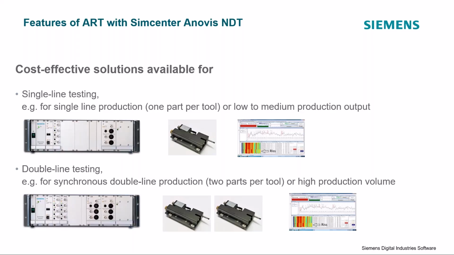So for synchronous double line production, two parts per tool, or for high production volume, you can have another configuration. The single recording device contains another impact controller or slide controller. And of course, both parts need to be hit somehow, and you need a special version of the software. But with 30% higher investment, you double the output.